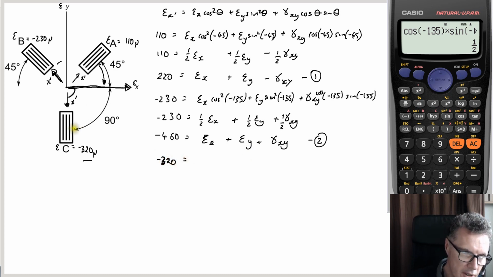Now it needs to go 90 degrees to point back to x. It's a positive this time because it's going in an anti-clockwise sense.